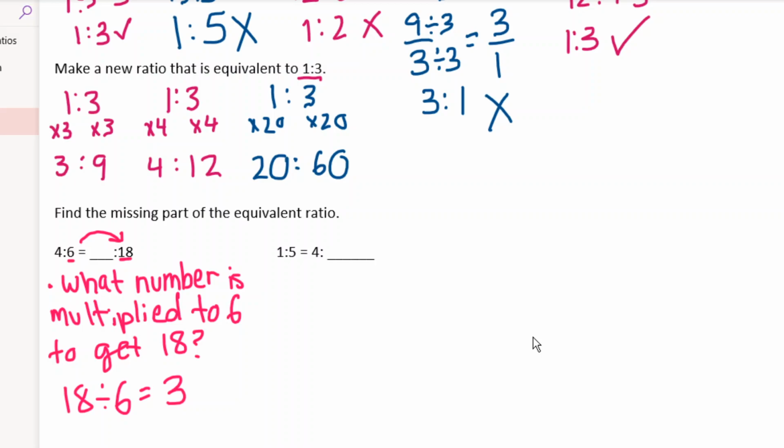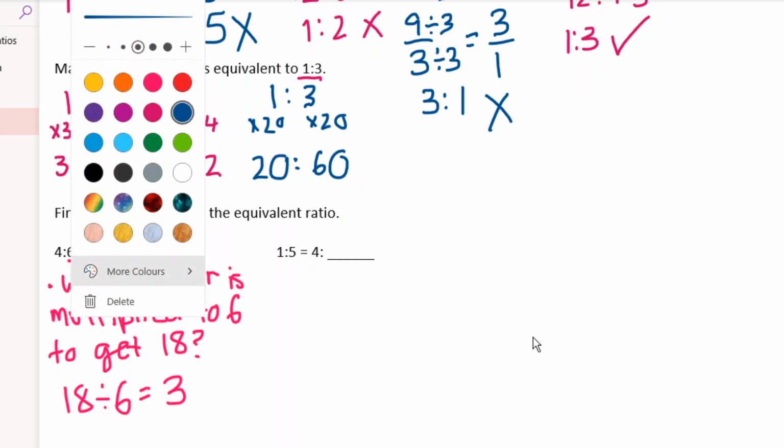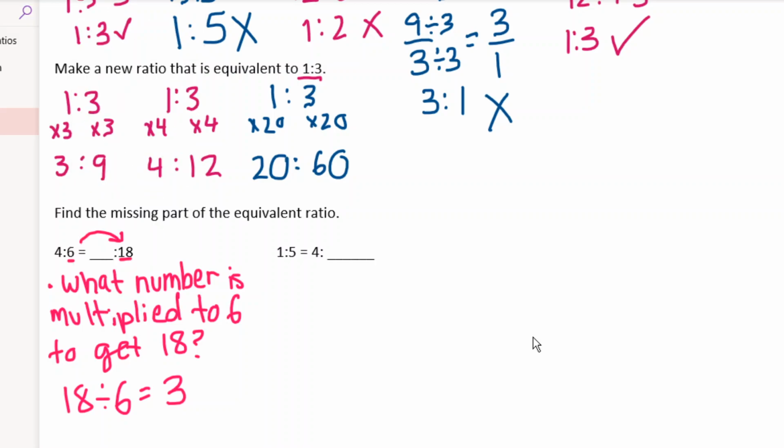And then our second step is to multiply this number to the 4. So the 4 is in the same spot as the missing blank. And so then we are going to multiply 3 times 4 to get 12.